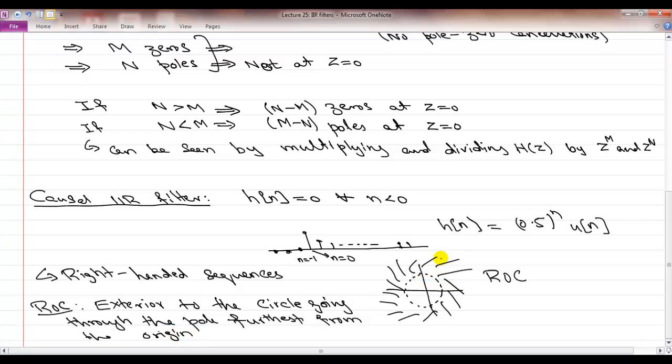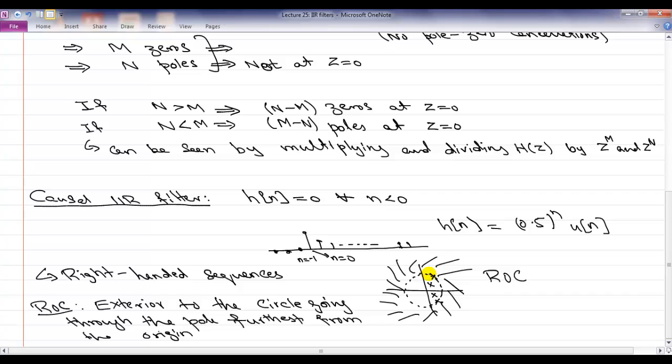So if your IIR filter had, let's say, 4 poles, and 2 poles are here and 2 are here, these poles that are on the circle are the farthest away from the origin, and your region of convergence will extend outward from the circle that passes through those poles.